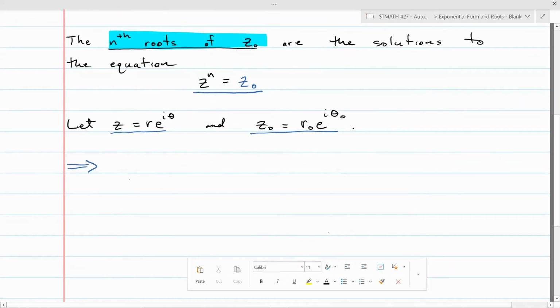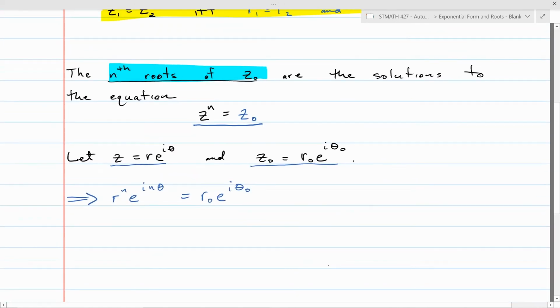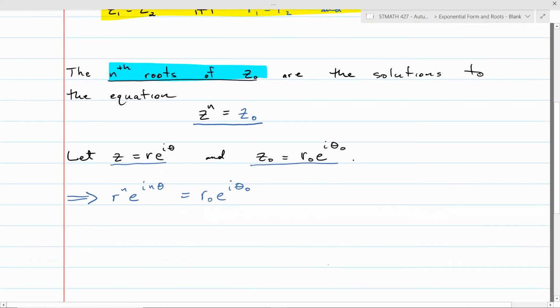Well, the left-hand side, you'd have r to the n times e to the i times n theta. And then on the right-hand side, you'd have r naught times e to the i theta naught. We just said up here in yellow that when two numbers in this exponential form are equal, it means that their radii are equal, and it means that the angles are separated from one another by a multiple of 2 pi.